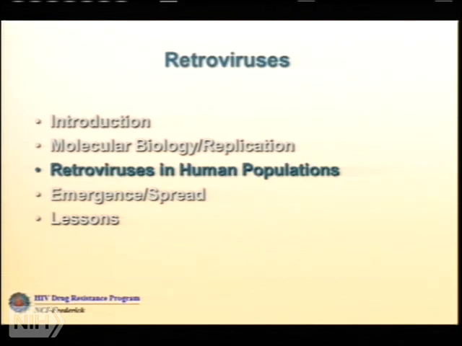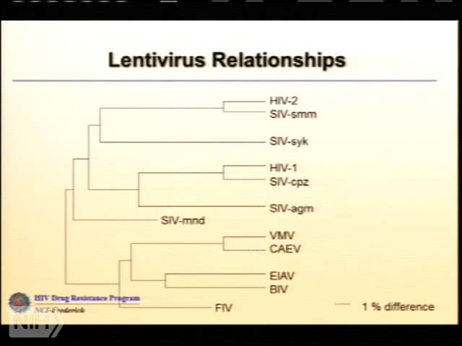Well, I wanted to take just a moment to look at where these viruses actually came from, how they emerged in human populations. You saw this before, that the biggest clue to this was seen in its viral sequences, that HIV-1 was most closely related to chimps, HIV-2 to the sooty mangabey.